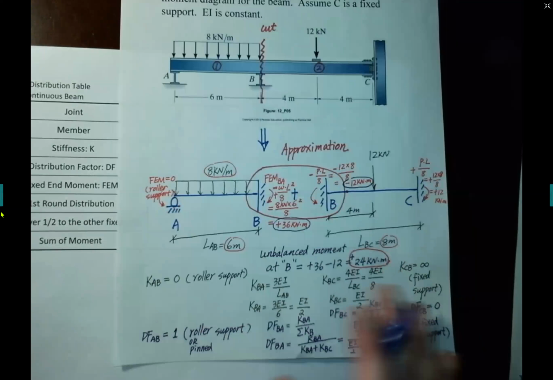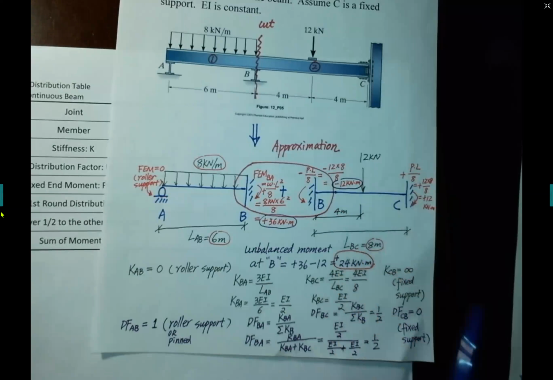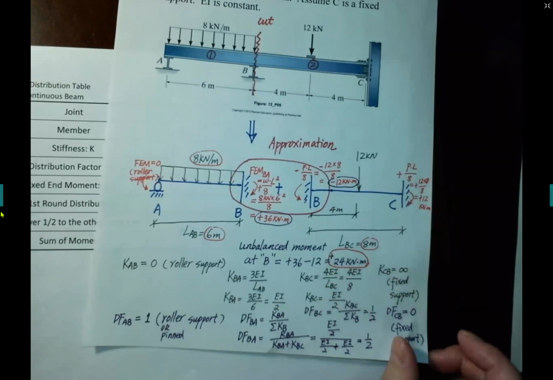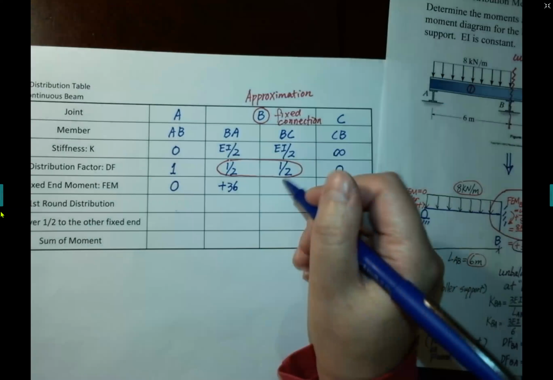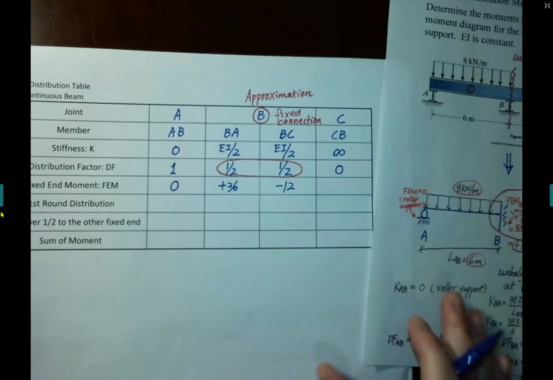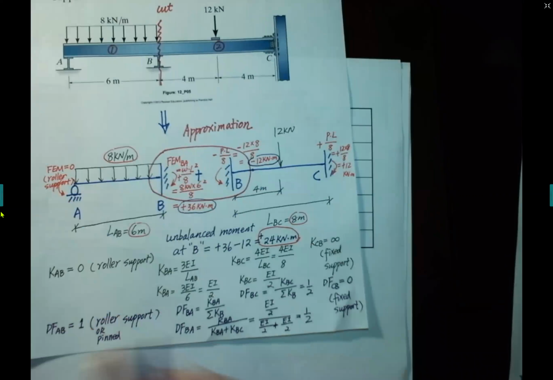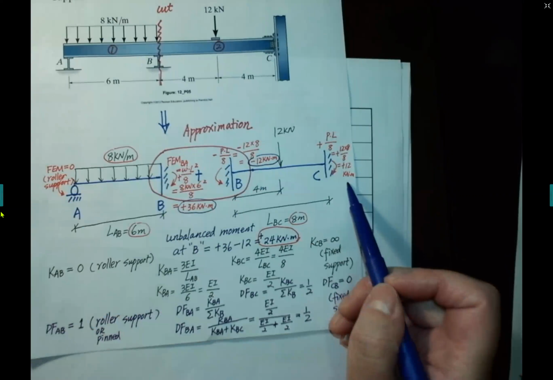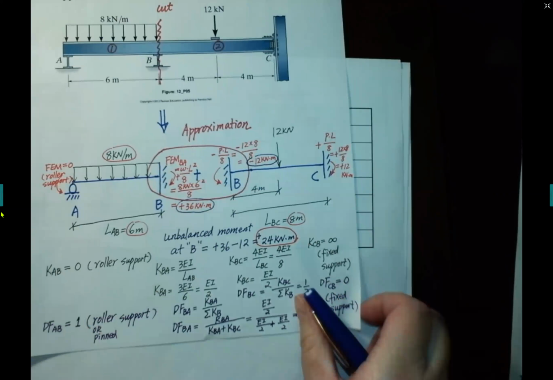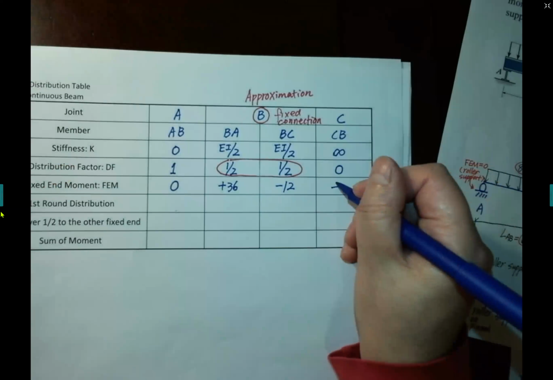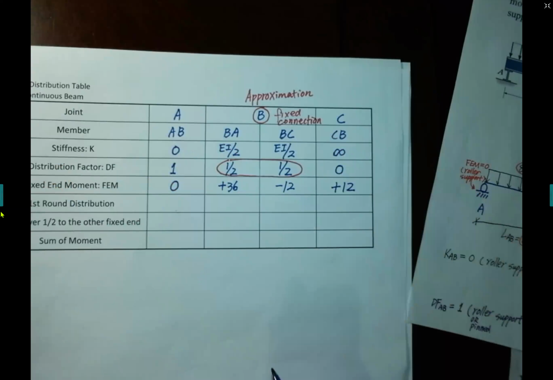On the BC side, it's negative 12. Negative means counterclockwise. And on the C side, it's positive 12 kilonewton meter, which means clockwise.